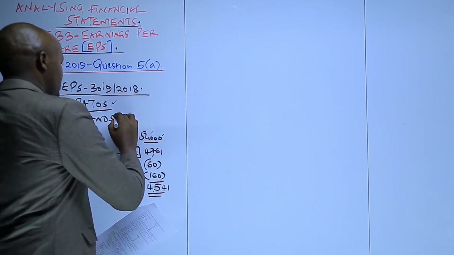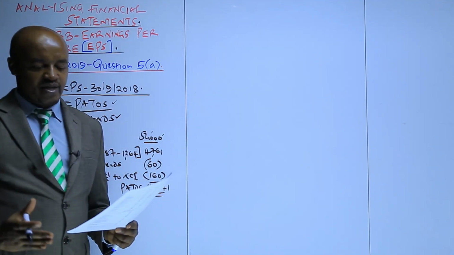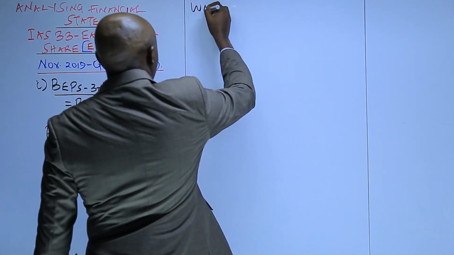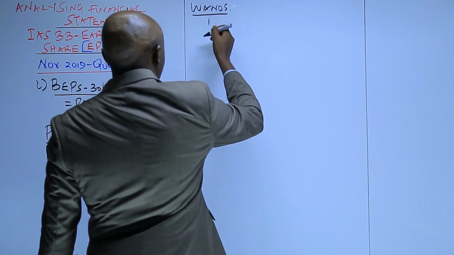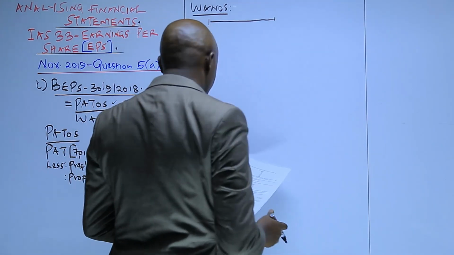So next, what we need to do is to determine the weighted average number of ordinary shares. For us to compute this, we take the ordinary shares issued and fully paid at the start of the year.